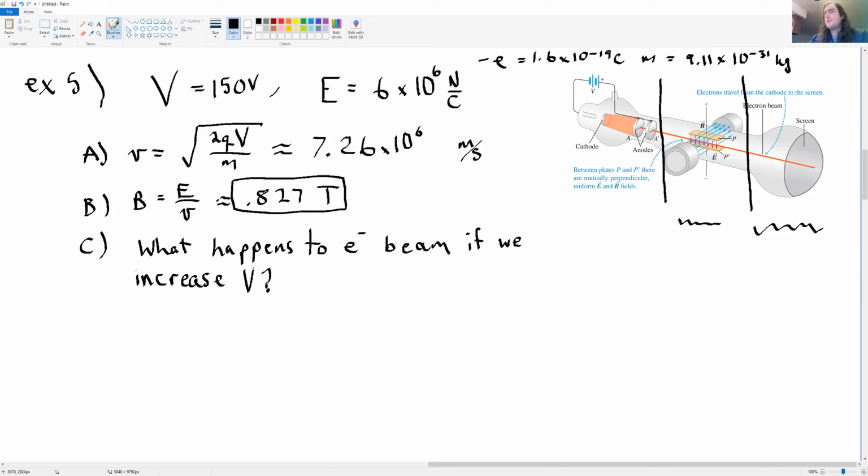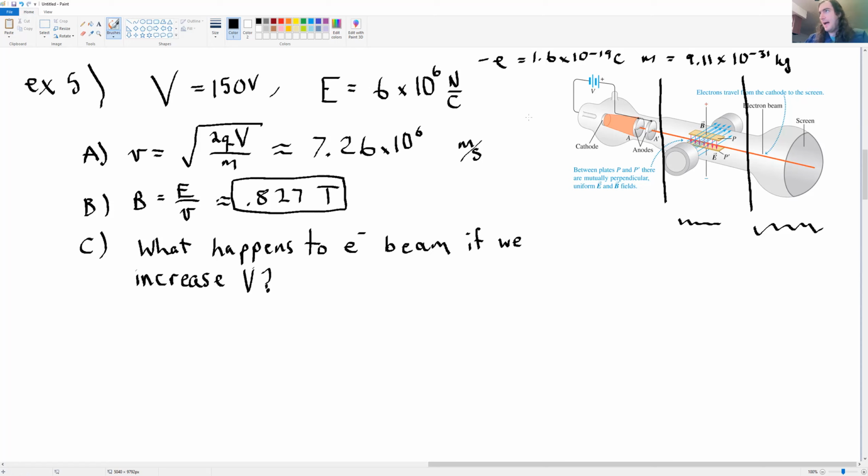What happens to the electron beam if we increase V? Well, if we increase V, our electrons are going to be traveling faster, right? If they're traveling faster, then the magnetic field is going to exert a bigger force on them than the electric field.